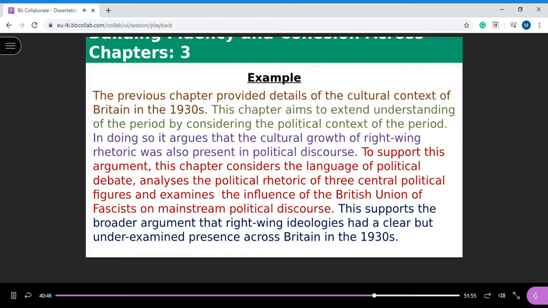So this supports a broader argument that right-wing ideologies had a clear but under-examined presence across Britain in the 1930s. So it just says what it's going to do, how this connects to the broader aims of the thesis or the dissertation, and a breakdown of what it's going to cover.